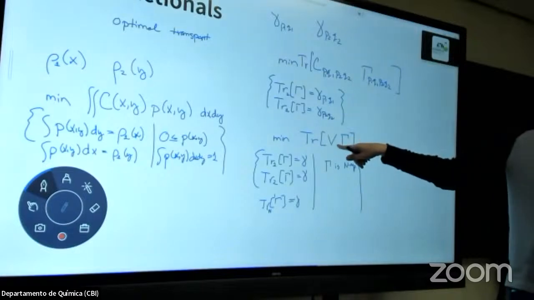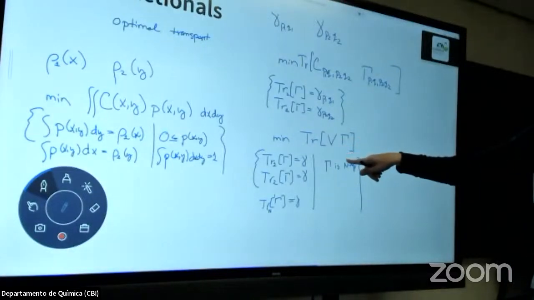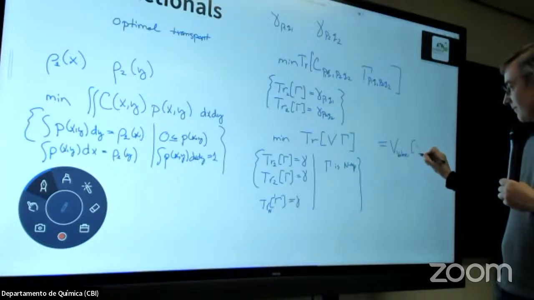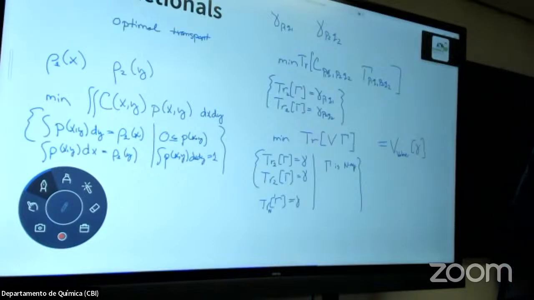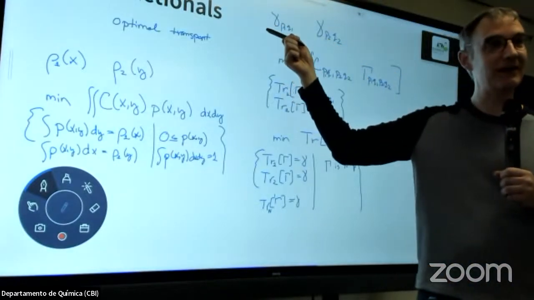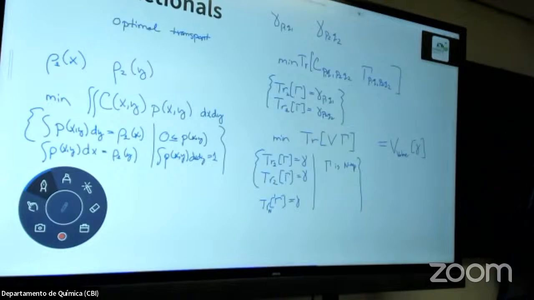And I chose V, which was my potential, to be my cost function. So this is exactly V_ee of gamma, right? So now it's been rewritten in terms of this fancy optimal transport mathematics, okay? And this basically ends up being the key thing. So we talk about this next time. We talk about why this is actually useful. Okay.